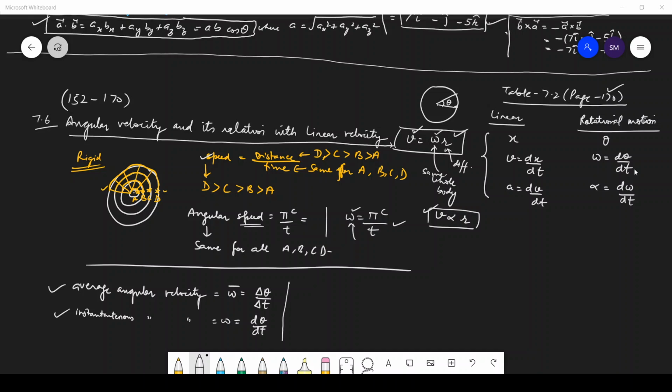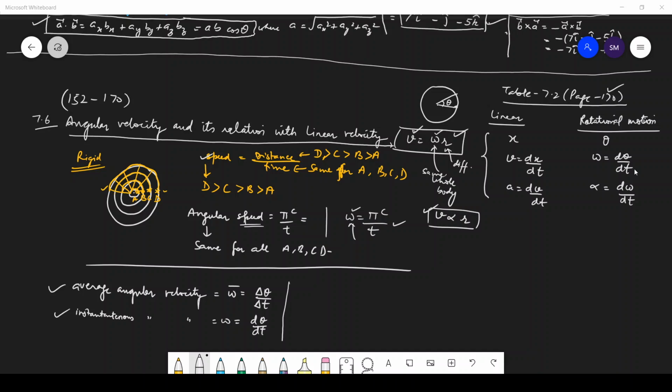Underline this line. The angular velocity vector is a vector. Where is the direction? It lies along the axis of rotation and points in the direction in which a right-handed screw would advance if the head of the screw is rotated with the body.